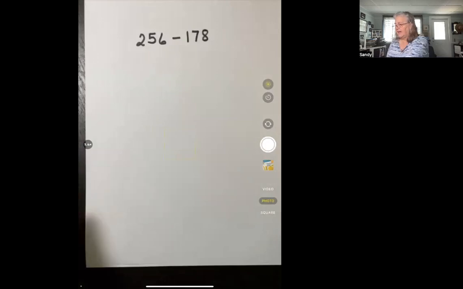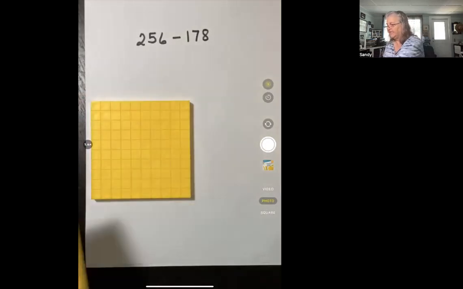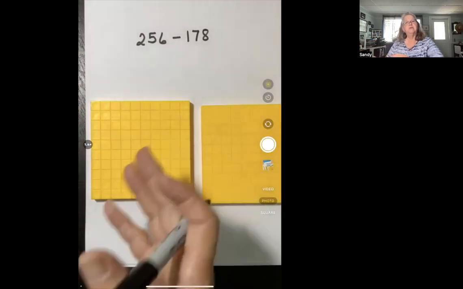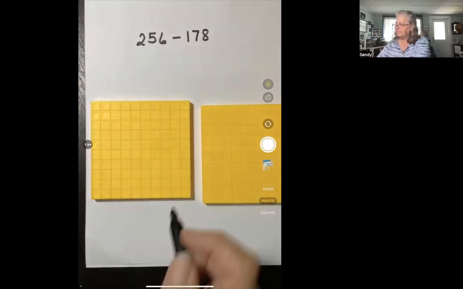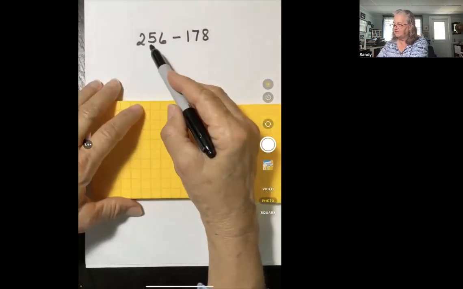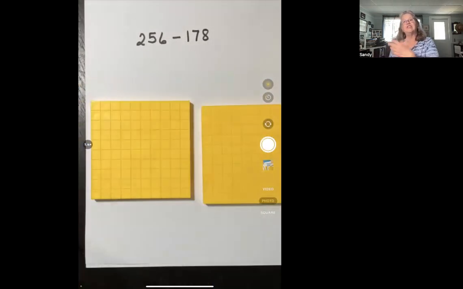Now, I could pull out 256, build it, remove the 178. And I'm sure you're starting to picture, oh gosh, I don't have enough tens and I don't have enough ones. I'm going to need to do some regrouping.